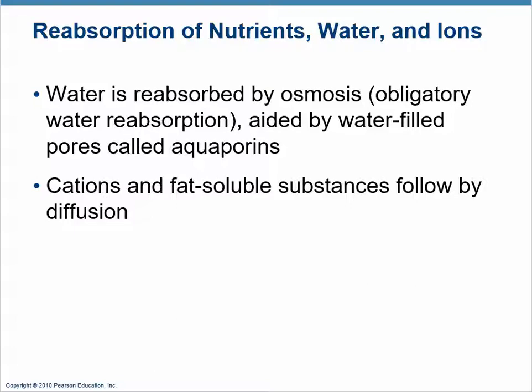Great name, aquaporins, pores for water. Moving the water drags along things that are dissolved in the water, and fat soluble substances will just follow the osmotic gradient as well. We don't need carriers for fat soluble because they can get across the membrane.